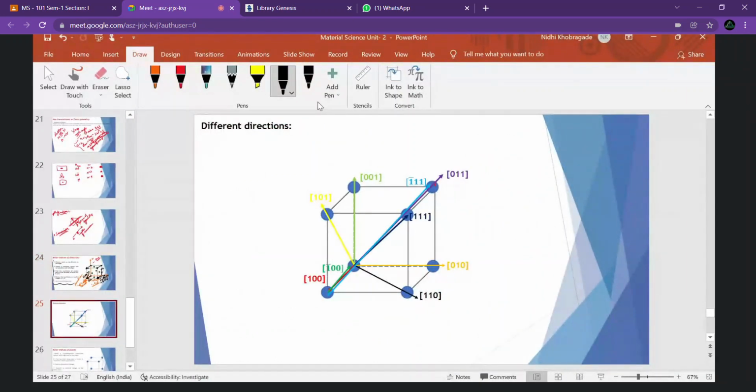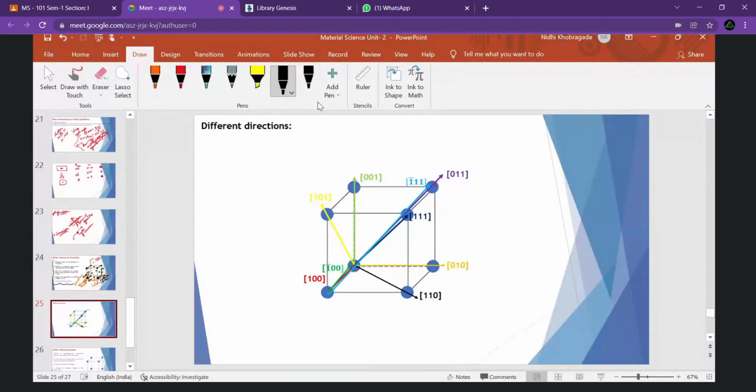Suppose the Miller indices is given and we have to mark the direction in a particular crystal structure. Initially, what is the rule?